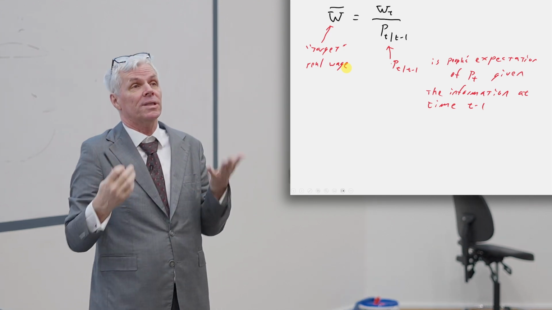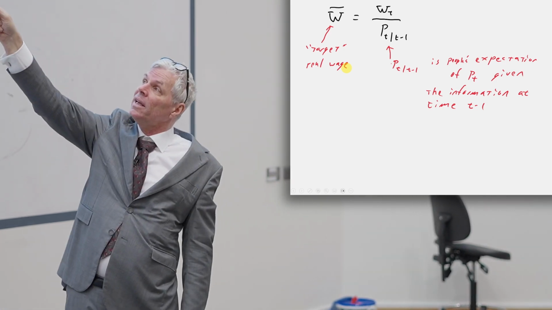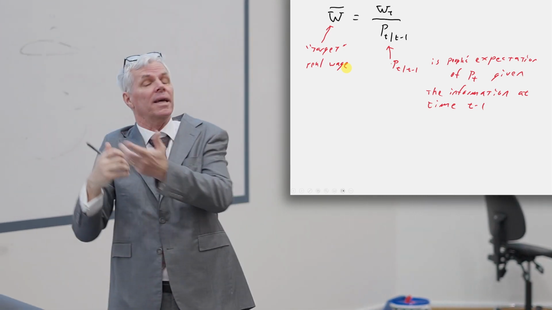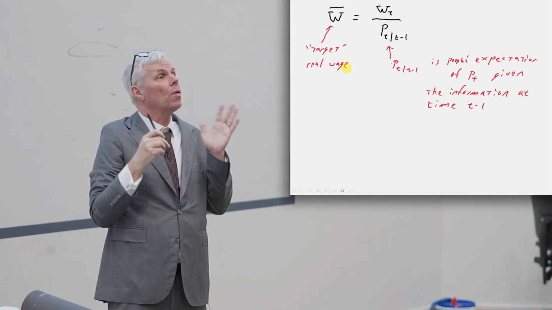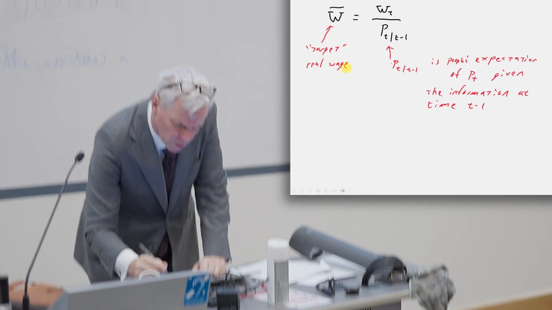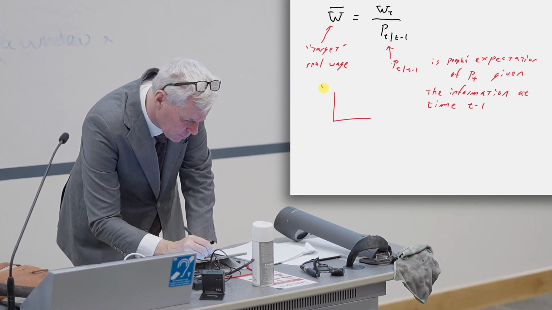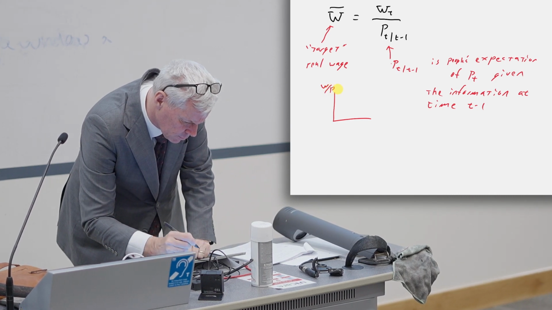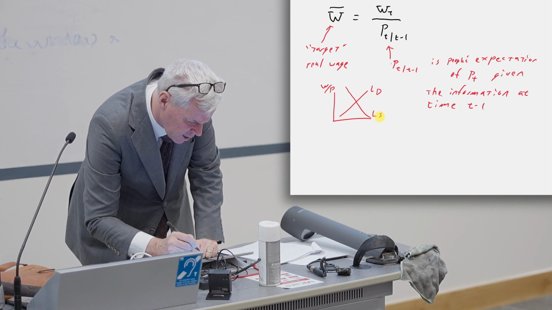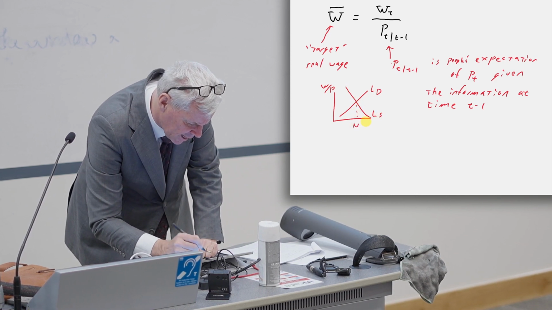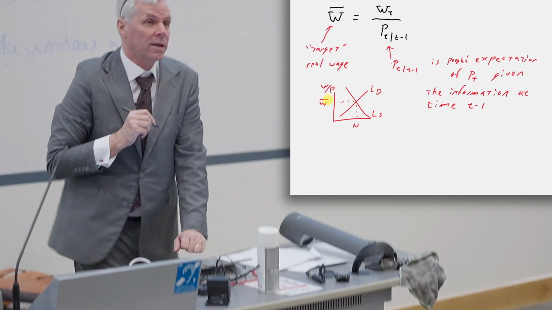But if we knew the prices for sure, if it was just P_t, then we would just say there's a supply of labor, there's a demand for labor, and it comes together at some point. We would just sort of draw it. Labor demand, labor supply, that would give us the N, and that would give us the real wage, which we're calling W bar.